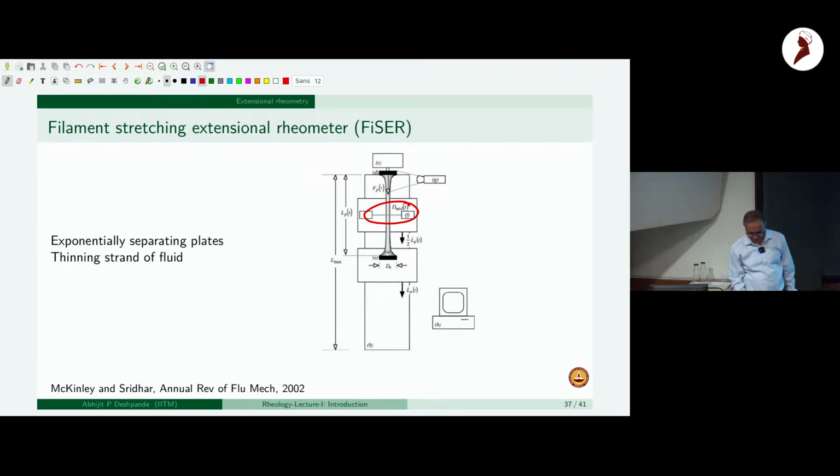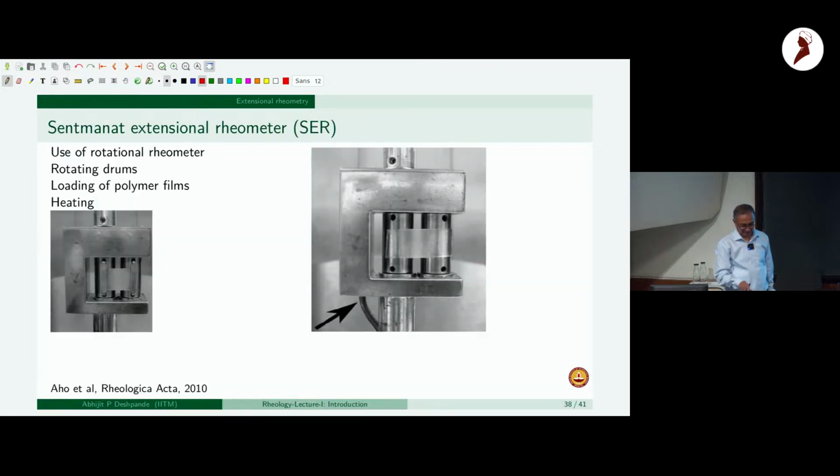But a lot more measurements have come out from this filament stretching rheometer, but it's still not commercially available, as none of the rotational rheometer companies have said that we will incorporate this, except this one attachment which works for melt, available for Anton Paar or TA or any of the instruments, which is drum based.